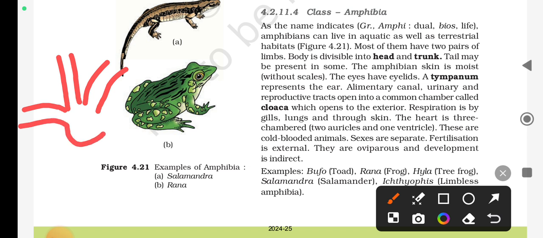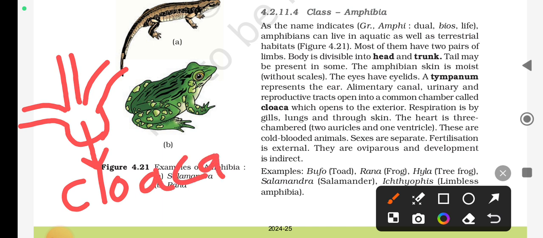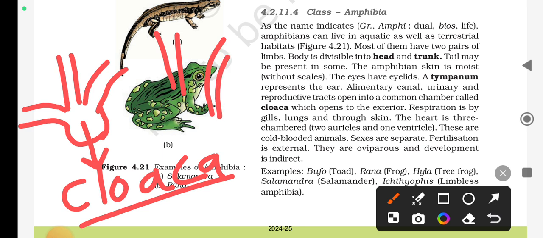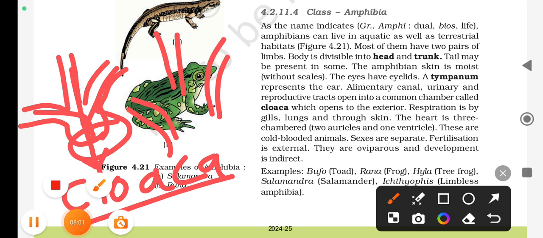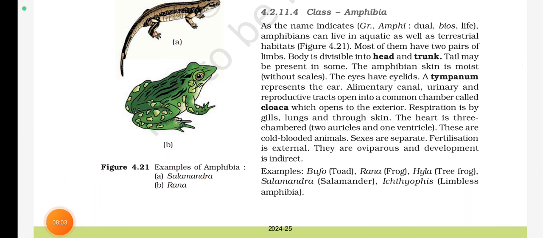All have a common opening, and this opening is known as cloaca. There is no separate opening for the alimentary canal, urinary bladder and reproduction. Only one opening is present, so it is known as cloaca. I hope you understand.